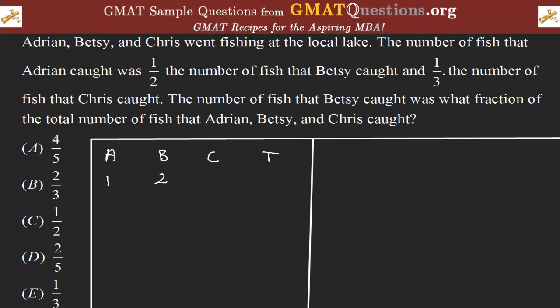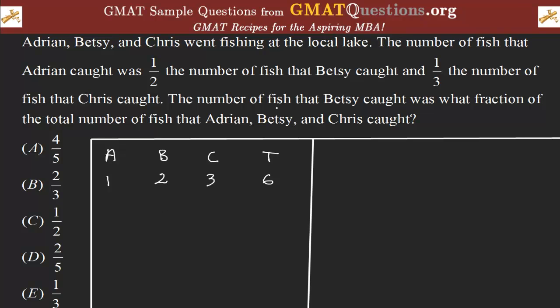Remember, we're still talking about Adrian here, okay? 1/3 the number of fish that Chris caught. So we already have 1 here. We only need to write 3. And if you add these ratios, 1 plus 2 plus 3 is 6. We have the total ratio is 6.